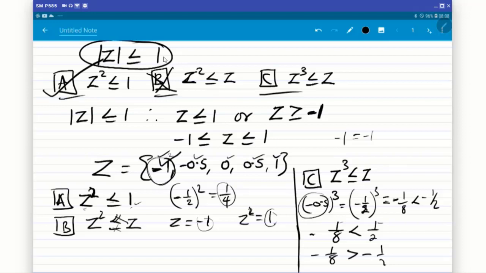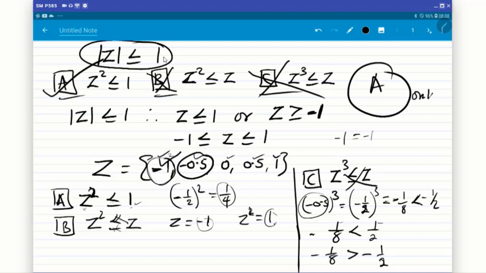And this one is telling us that it is less, which is not true. So with this minus 0.5, this one also will not be true. That shows A only will be our answer. Only A will be our answer for this question. Alright?